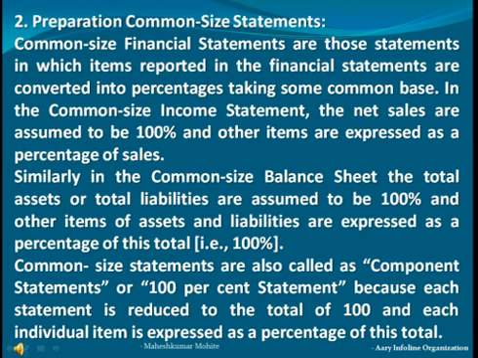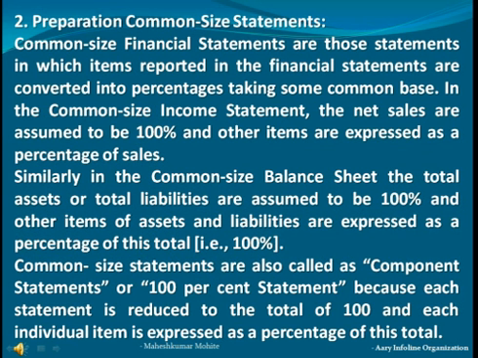Common size financial statements are those statements in which items reported in the financial statements are converted into percentages taking some common base. In the common size income statement, the net sales are assumed to be 100% and other items are expressed as a percentage of sales.